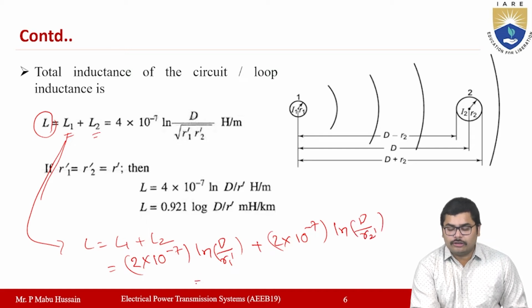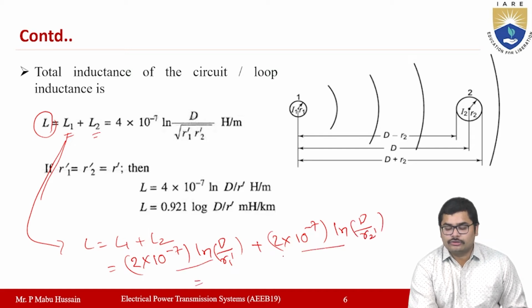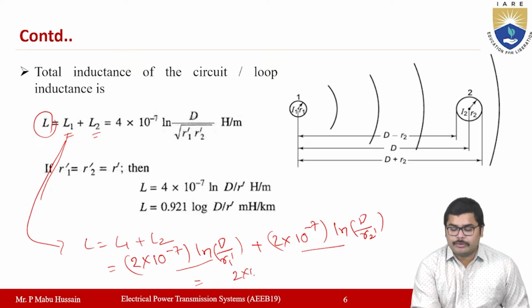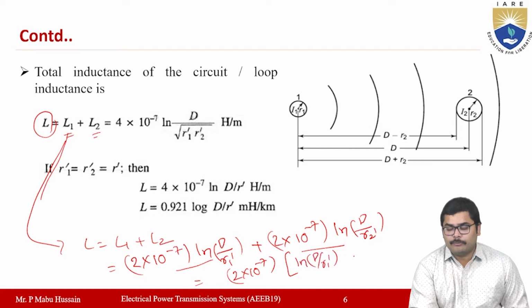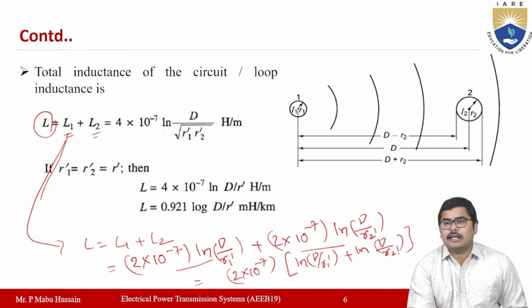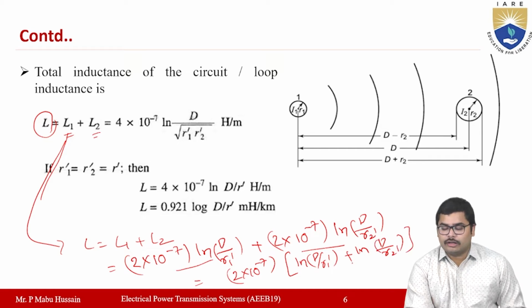Now in both terms, 2 into 10 power minus 7 is common. Taking it as common, you get ln d by R1 dash plus ln d by R2 dash. This you can write as ln d square by R1 dash into R2 dash.